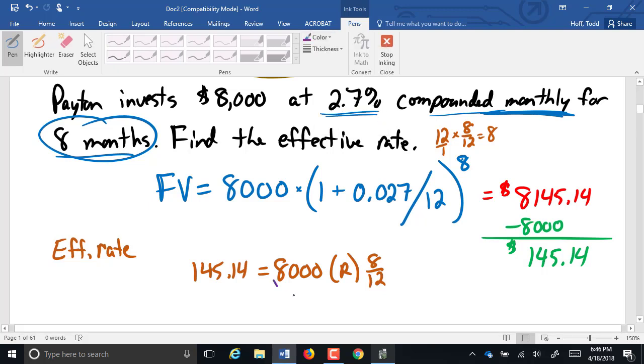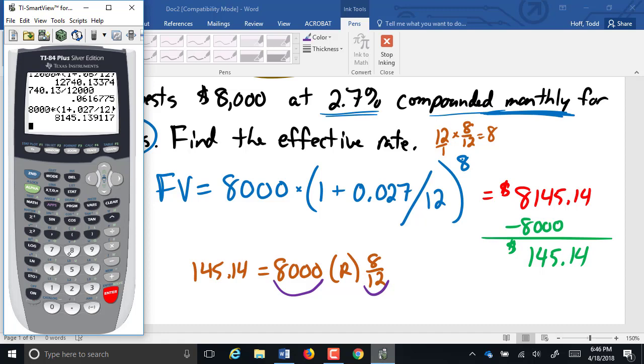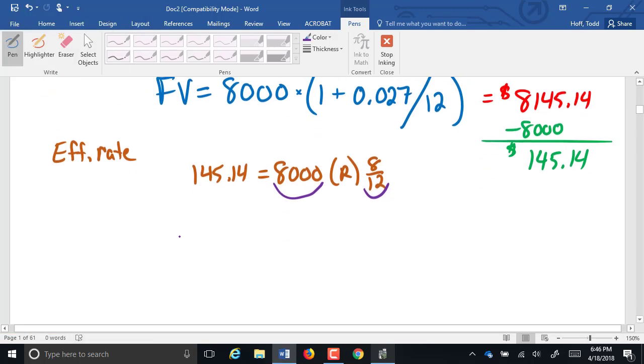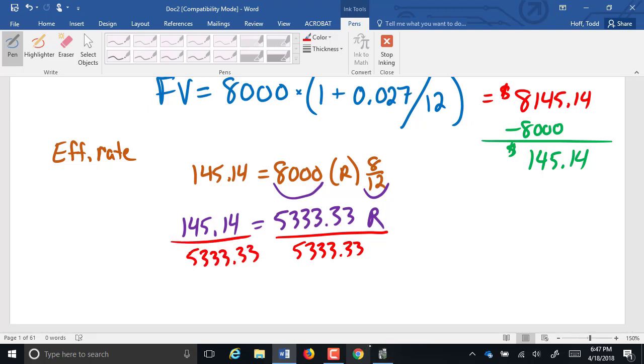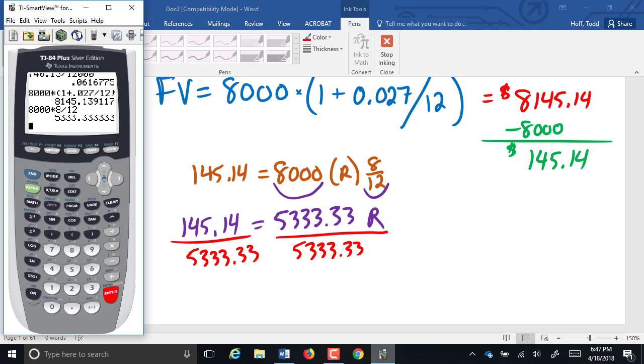So we do have to combine 8,000 times 8/12, which is 5,333.33. Now again, I'm going to leave that in the calculator so I can reuse that number, because in my next step, I'm dividing by that 5,333.33. So I didn't clear it. I left it in the calculator.